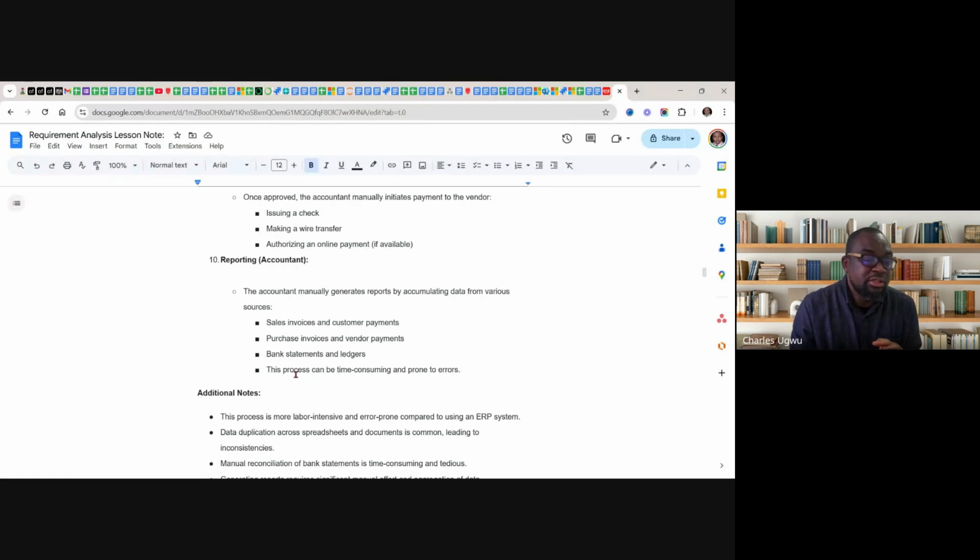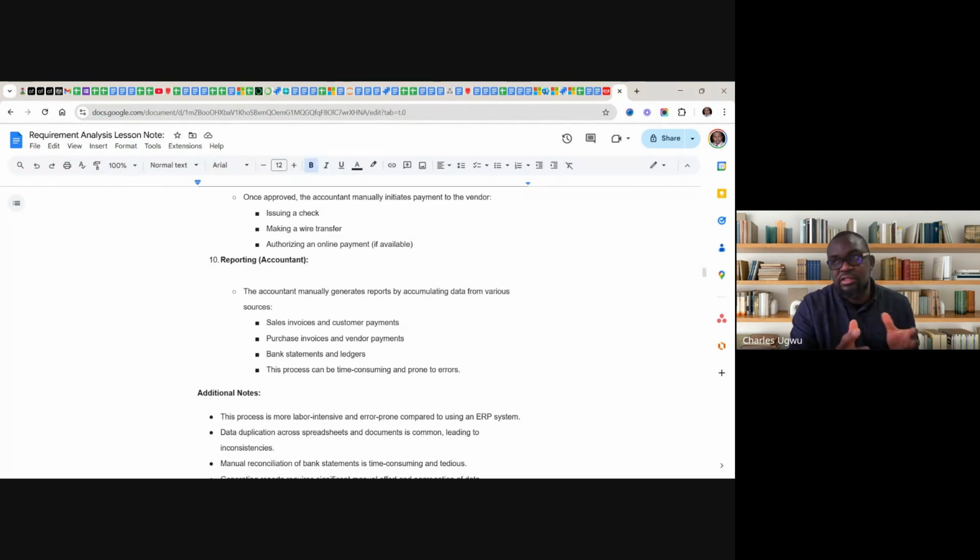After all this, the accountant manually generates reports, accumulating data from various sources such as sales invoices and customer payments, purchase invoices and vendor payments, bank statements, and the ledger. This process can be time consuming and prone to a lot of errors.